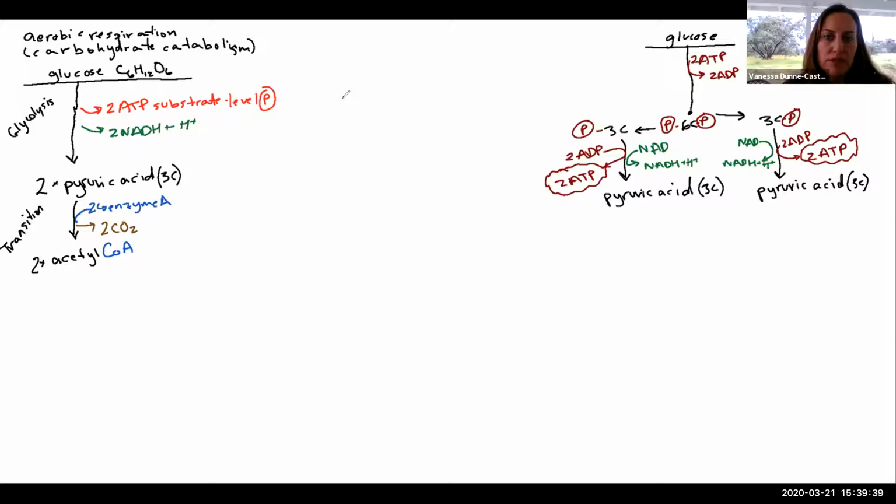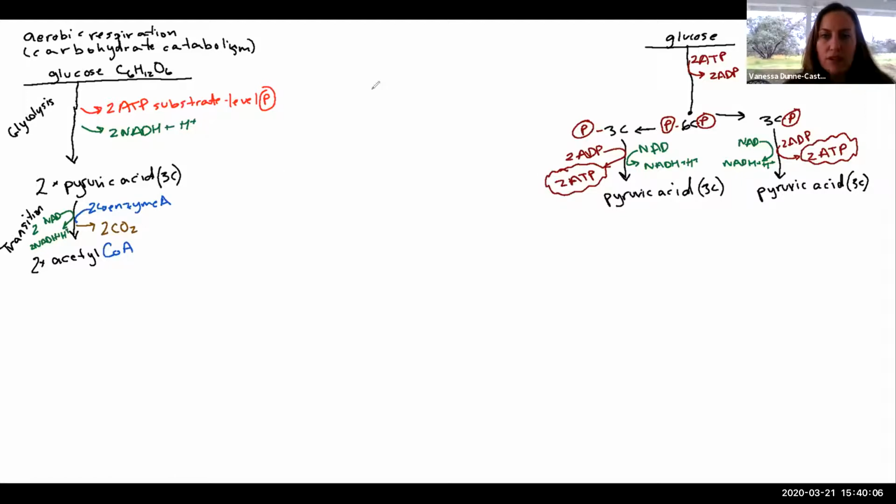And of course, this oxidation event is coupled with a reduction event. So here's our reduction event where NAD is reduced, and for every 1 pyruvic acid, there's 1 NAD reduced. So we'll indicate that there are 2 events occurring here because of both of those pyruvic acids. So there's our 2 reduced NADH plus H+.